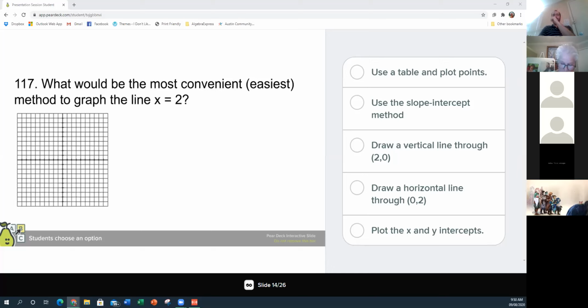Right. Right. And we'll talk about that. Okay, good. Y'all are doing good. And someone said use a table and plot points, and honestly, that would be fine, just as long as you get the answer right. So let's look at this.